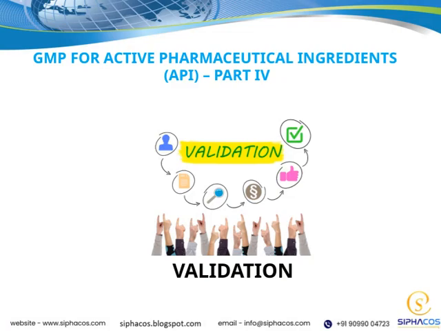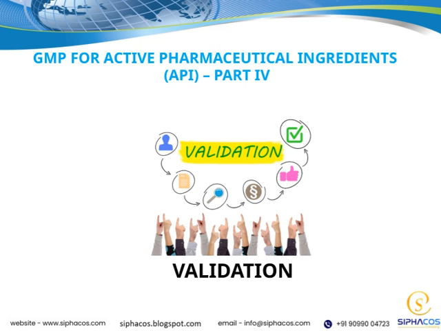Let's now turn our attention to validation, which is a critical component of good manufacturing practice, or GMP, for active pharmaceutical ingredients, or APIs. In this part of the presentation, we'll focus on part 4 of the GMP guidelines related to API validation. Validation essentially ensures that our processes consistently produce quality products that meet predefined standards.